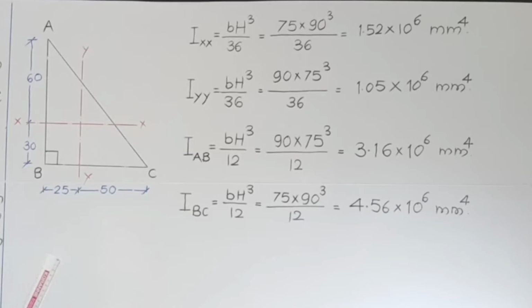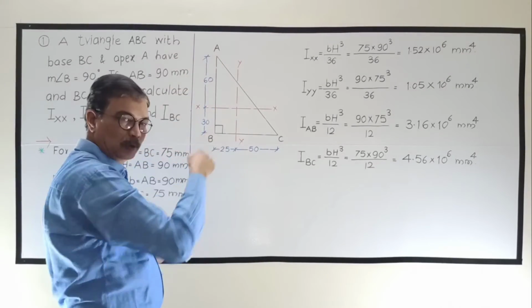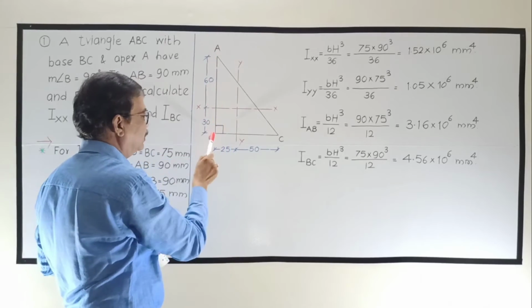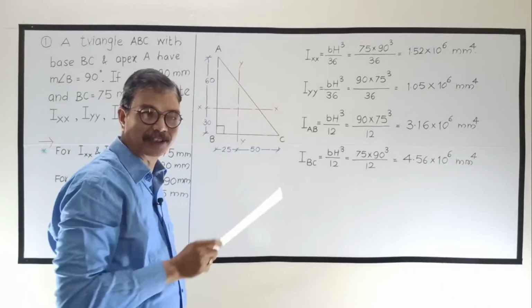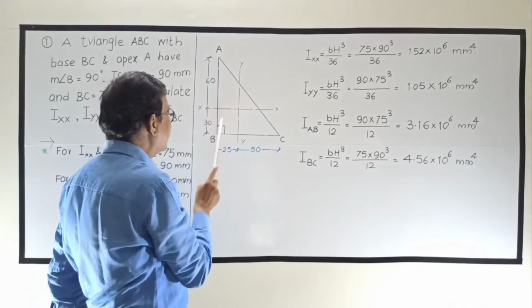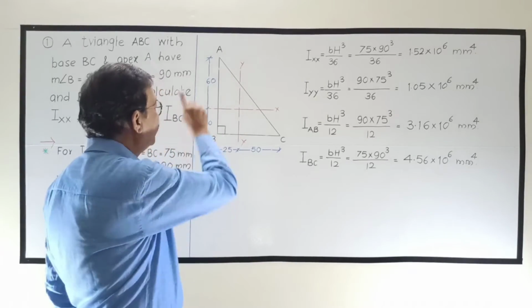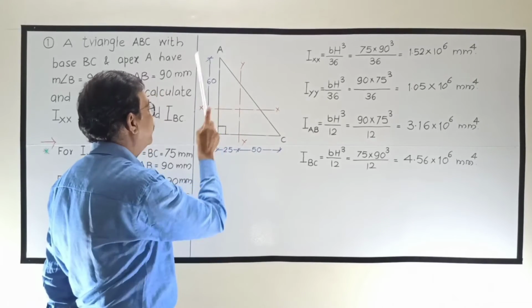Now one thing you have to keep in mind, as this is a right angle triangle, when you turn it through 90 degrees, this will become base, this will become height. So depending upon the disposition of the triangle, you have to select the height and base. For this triangle, this will be base, this will be height.